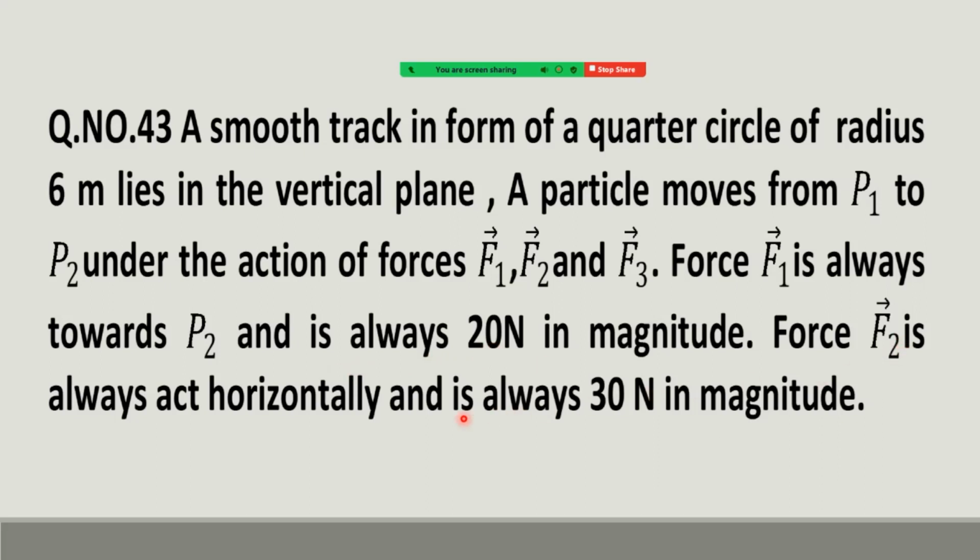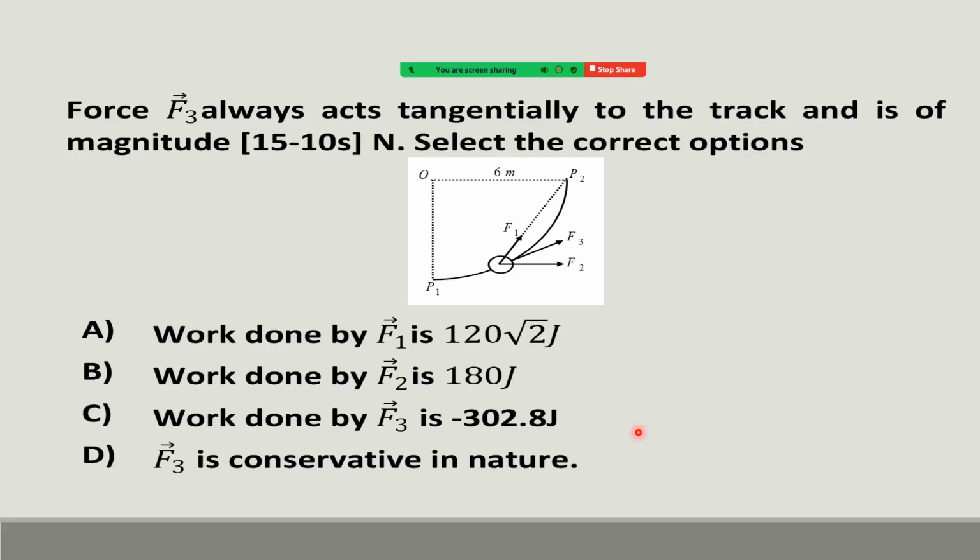Force F2 bar always acts horizontally and is always 30 Newton in magnitude. Force F3 always acts tangentially to the track and is of magnitude 15 minus 10s Newton. Select the correct options.